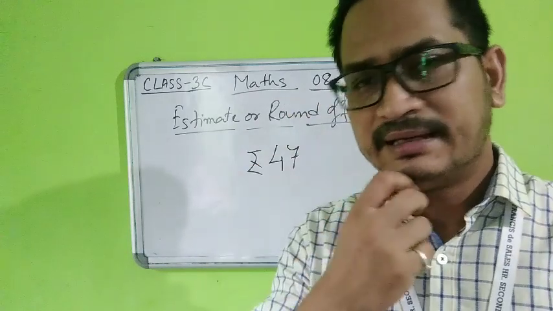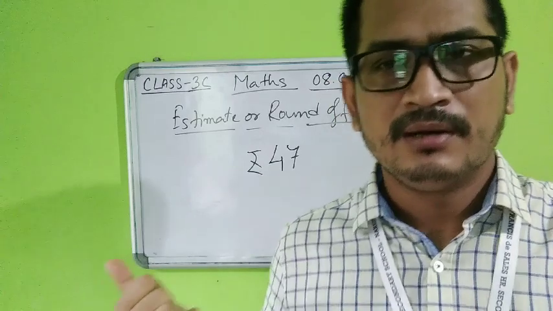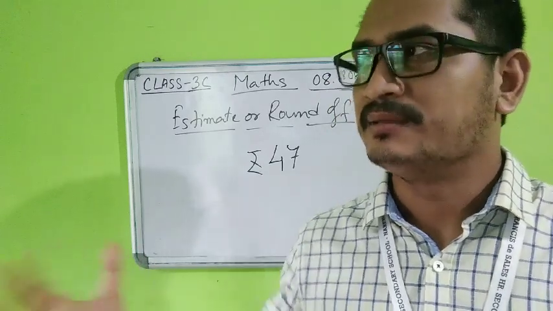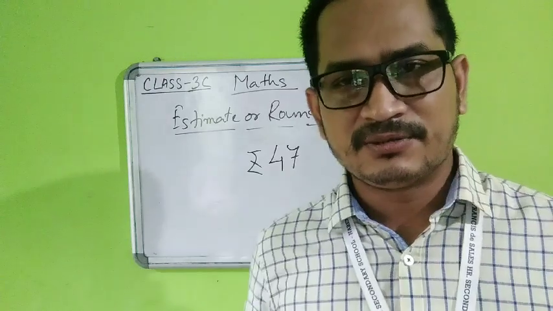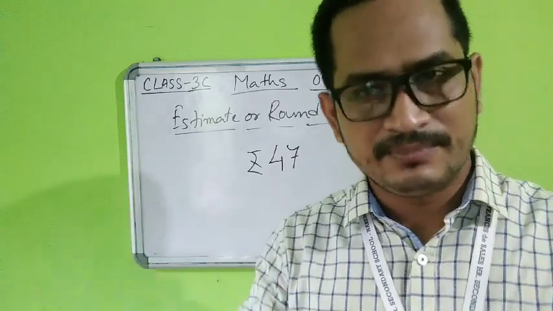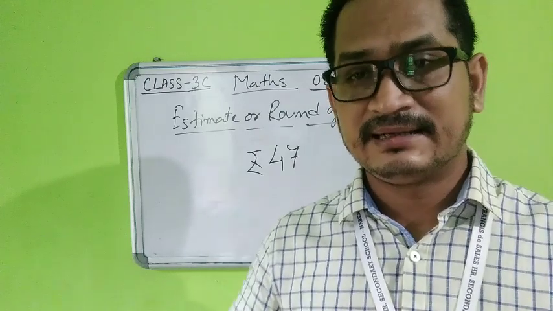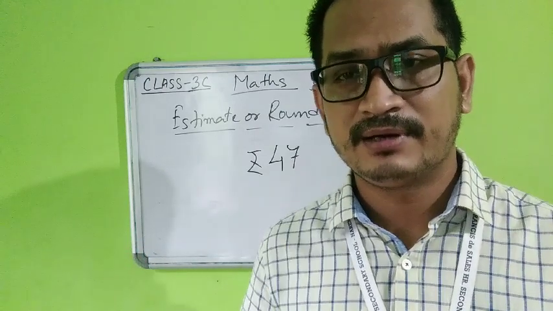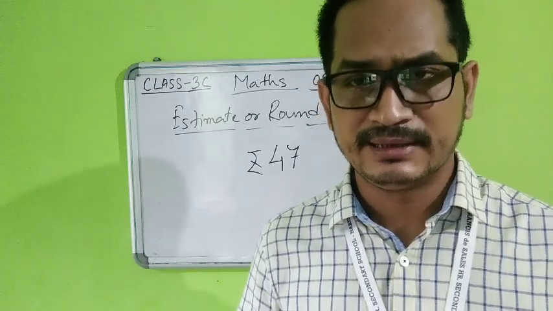Now you are not sure of exactly 47, because you have just guessed that the price of the copy will be 20 rupees, then the price of the pen will be 10 rupees. So like that you have calculated. But when you go to the shop, you may not find the exact thing you are planning to buy. You may need to buy a little bit costlier things, isn't it?